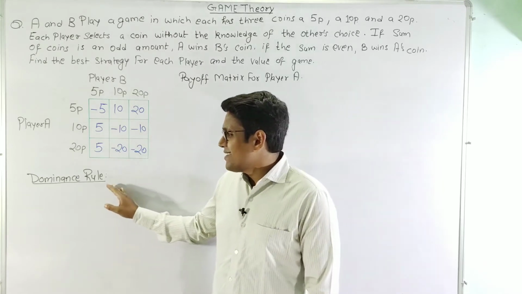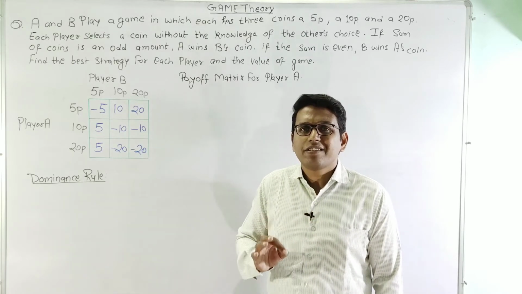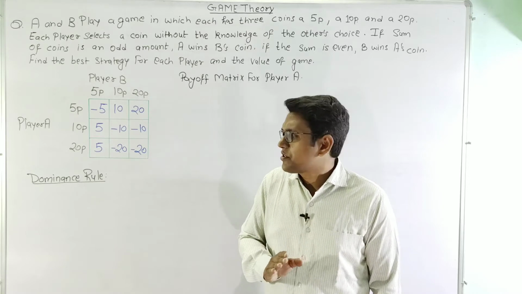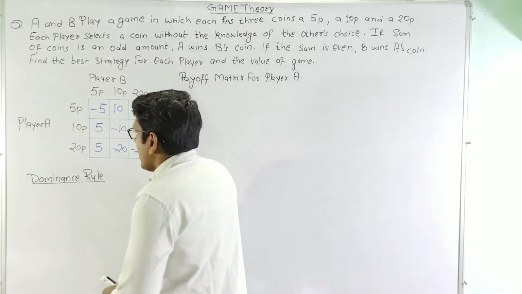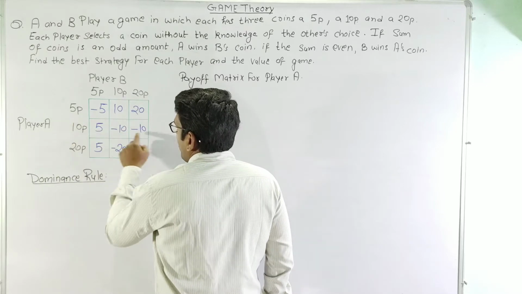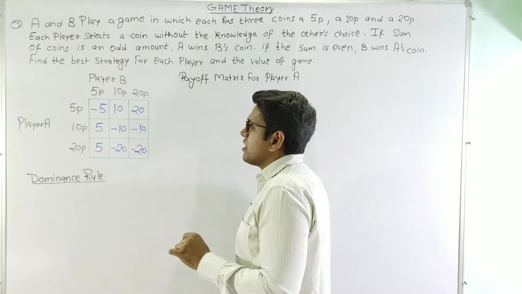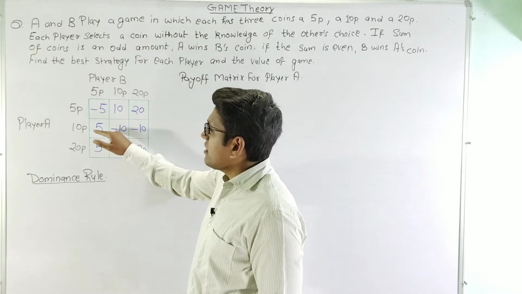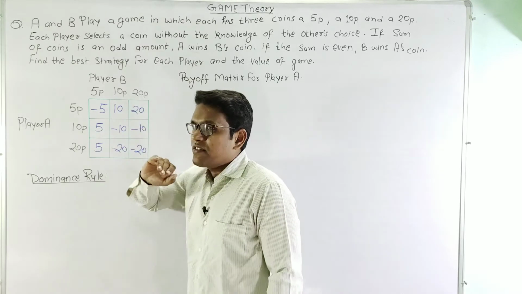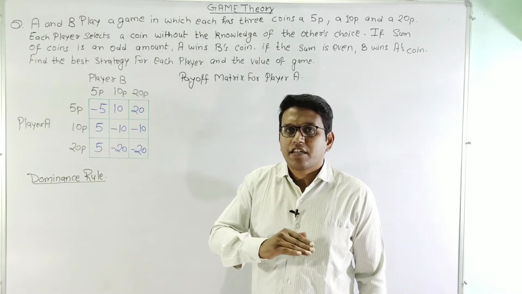So the dominance can be done in two ways, that is, row domination and column domination. So we can say that player A has the strategies in rows. That means player A will play that particular strategy which is better than the other strategies, or we can say which will give more gain than other strategies.